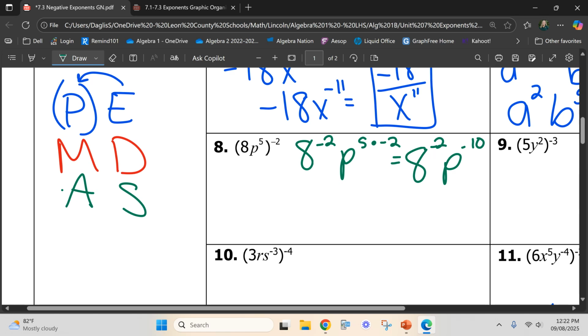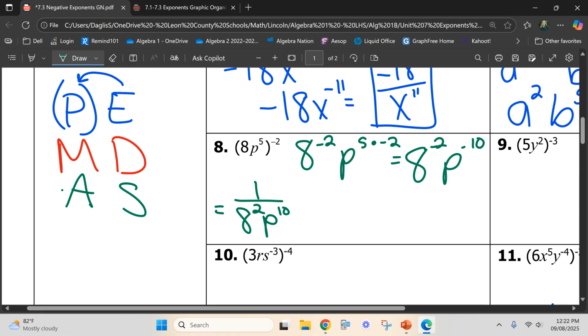Yes, so they're both in the wrong spot. They both need to get dropped down. So what's left in my numerator? A 1. Okay. I'm going to come down here. 1 over 8 squared, p to the 10th. Is that problem done, or can you do one little thing more?